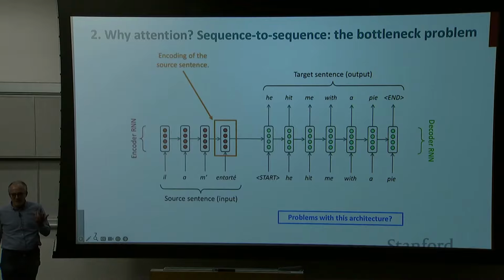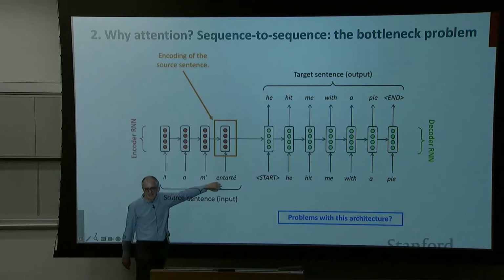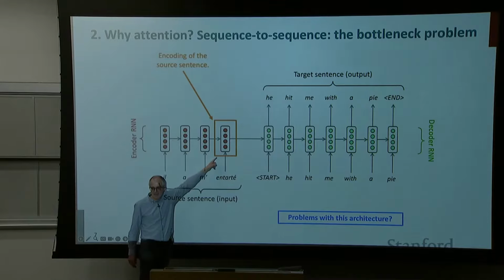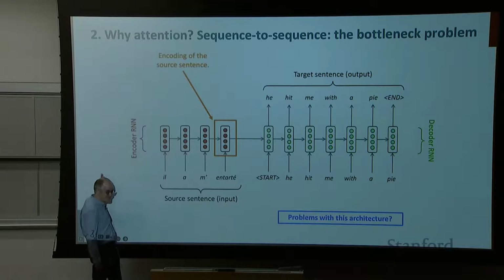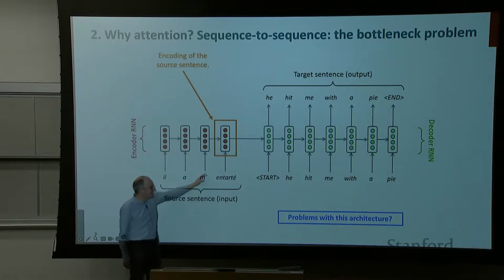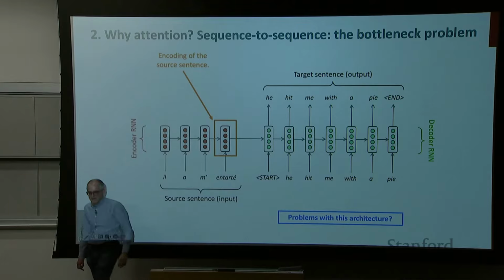And what that means is everything useful about this sentence has to be stuffed into that one vector. And well, that's maybe not so hard if you've got a 4-word sentence, but maybe you've got a 40-word sentence out here, and it seems to be kind of implausible that it'd be a good idea to be trying to fit everything about that sentence into this one hidden state.